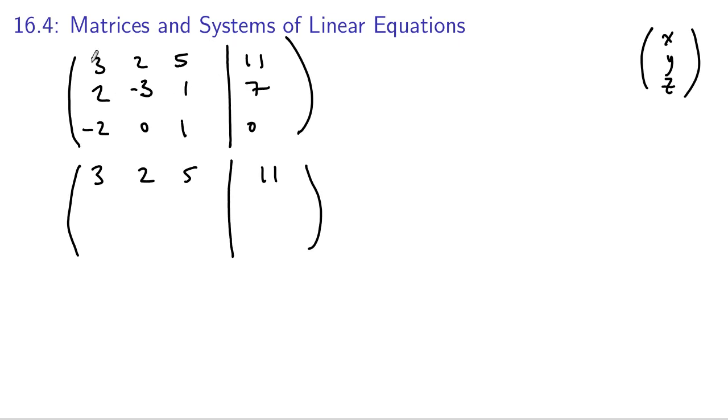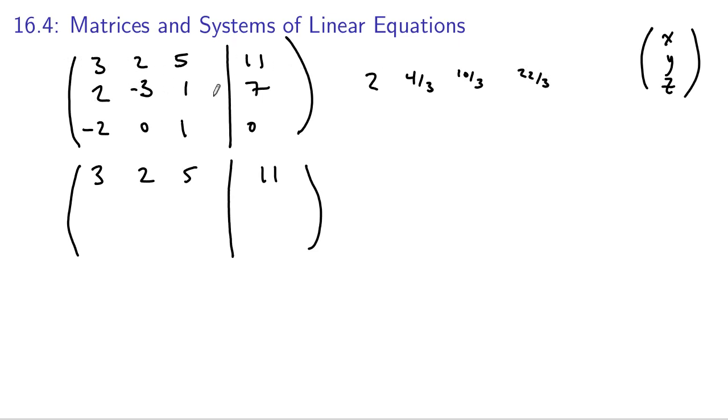So if I multiply this row by, and I'm going to do some scratch work over here, 2/3, I would have 3 times 2/3 is 2, 2 times 2/3 is 4/3, 5 times 2/3 is 10/3, and 11 times 2/3 would be 22/3.